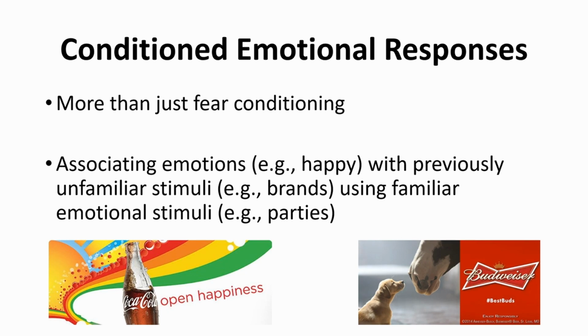So companies that sell alcohol want you to think of exciting and happy and good things when you see their alcohol, so they would advertise with pictures of attractive people at parties enjoying themselves, so that you then associate their product with also enjoying yourself.